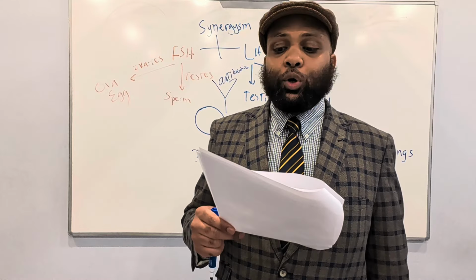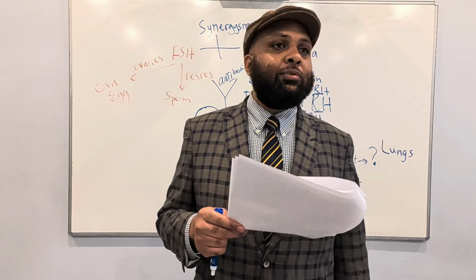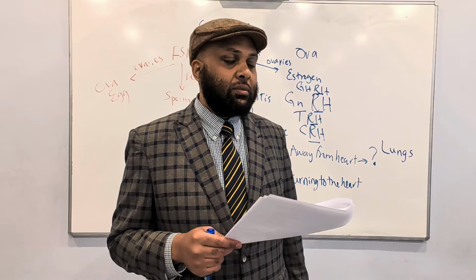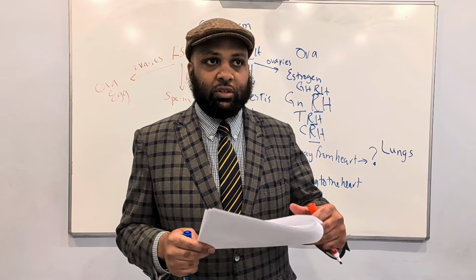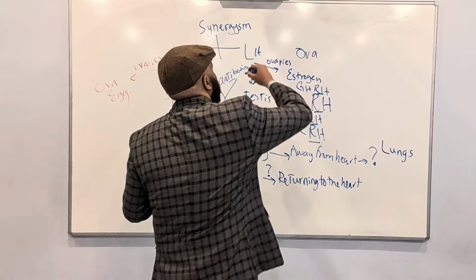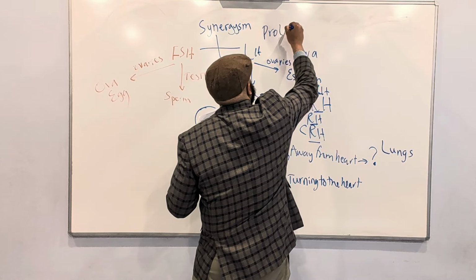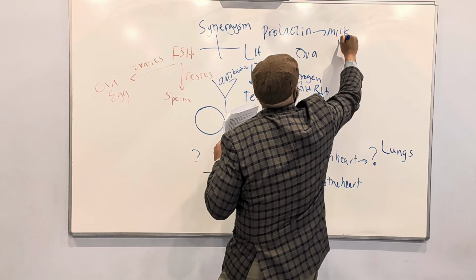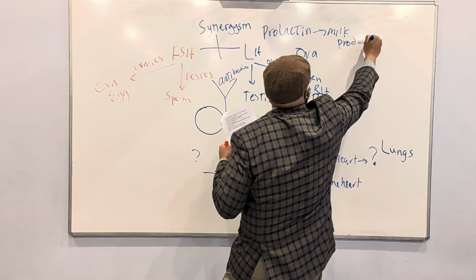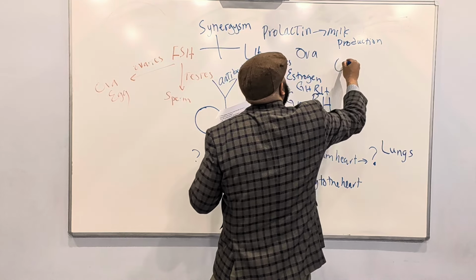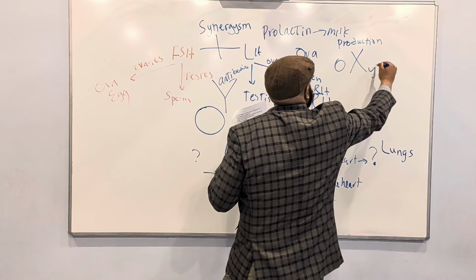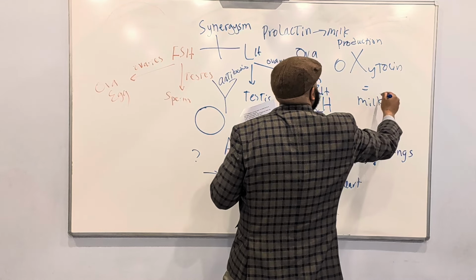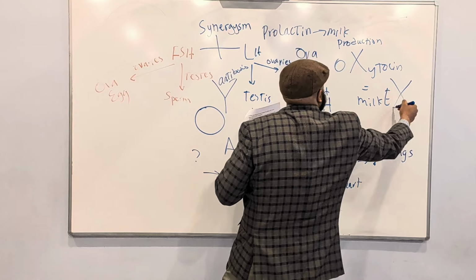What's the difference between prolactin and oxytocin when it comes to milk? Prolactin causes milk production. And oxytocin causes milk ejection or milk exit.